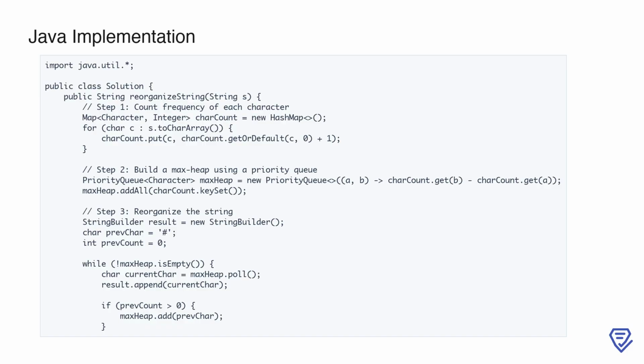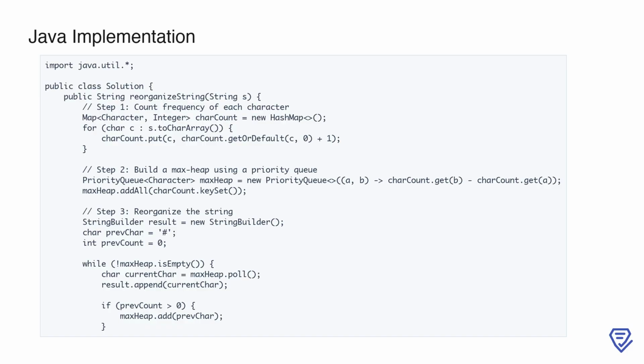Next, we use these frequencies to build a max heap, which is implemented using a priority queue. The max heap ensures that characters with higher frequencies are processed first. We achieve this by specifying a custom comparator that sorts based on the frequency values in the map. After adding all the characters from the map to the heap, we move on to the string reorganization process. To build the result string, we use a StringBuilder and maintain two variables, prevChar and prevCount.